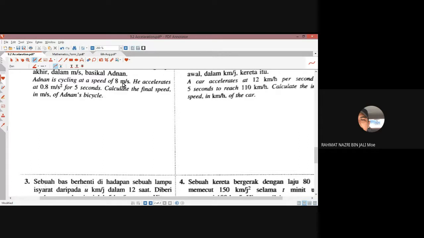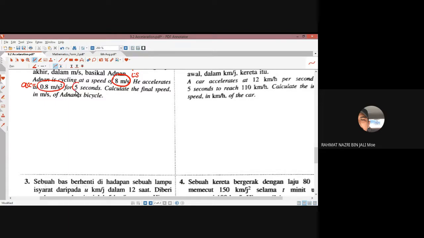So 8 meters per second represents initial speed. 0.8 meter per second square representing acceleration.